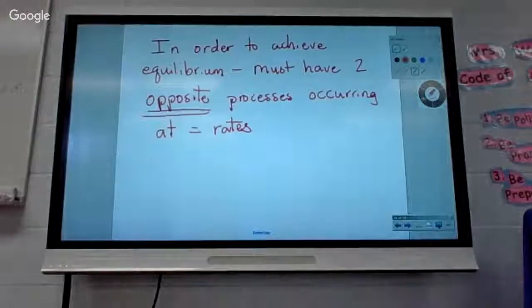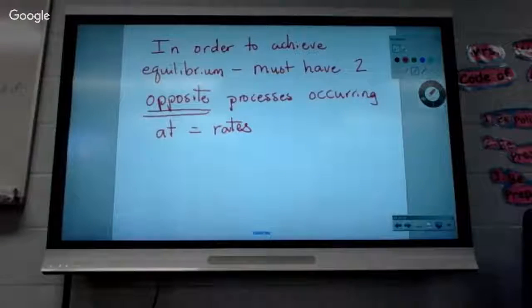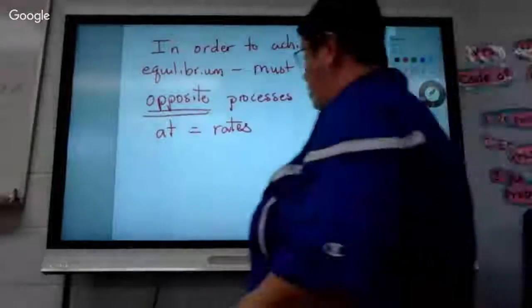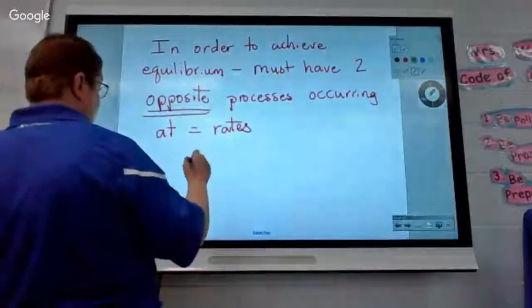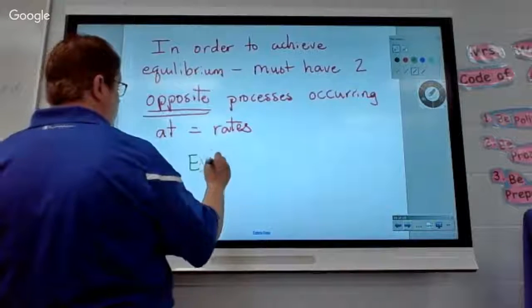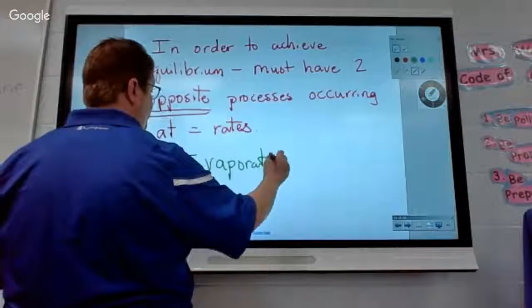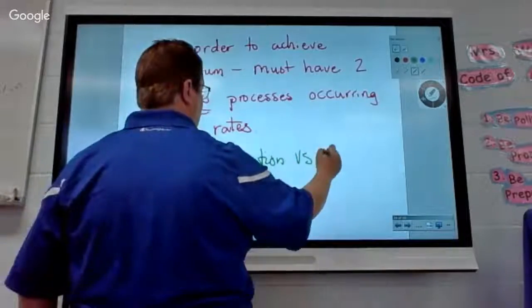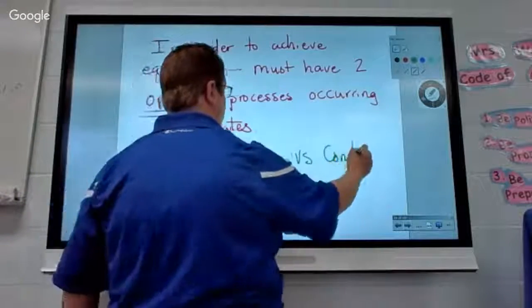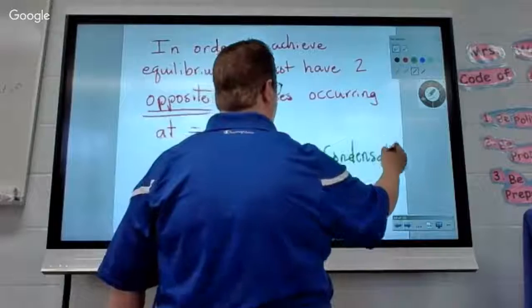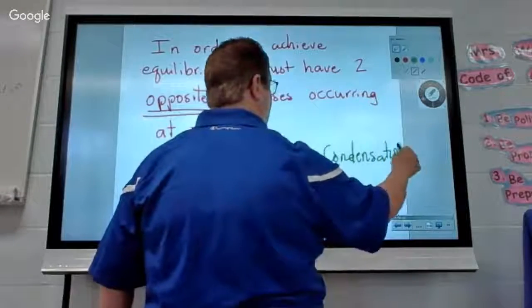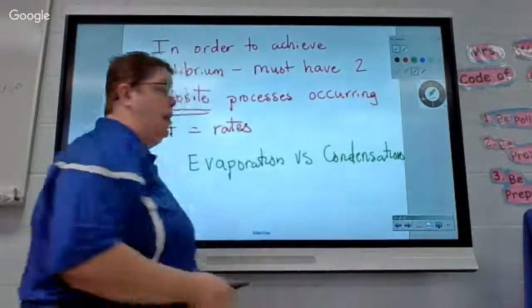All right? It doesn't matter if they're physical or if they're chemical. The two we're going to look at, that we're going to talk about over the next day, Monday, are evaporation versus condensation. Now, we could just as easily do this with melting.